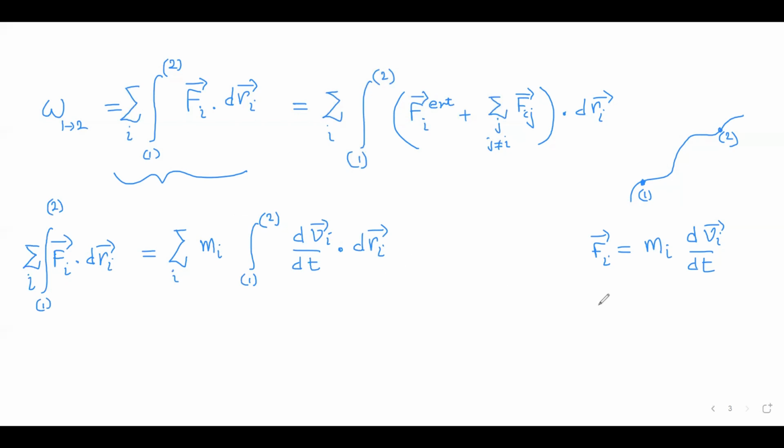Now what is vi? Vi is dri/dt. This means dri is equal to vi dt.